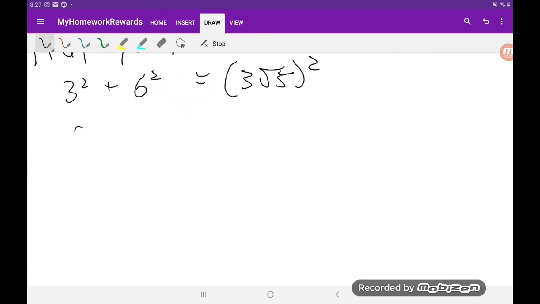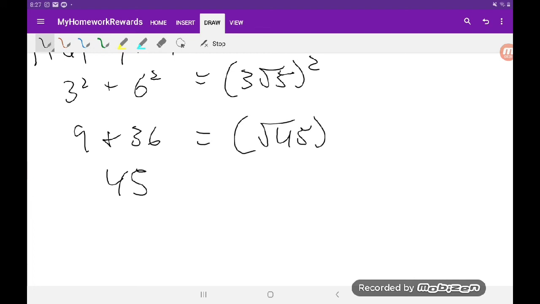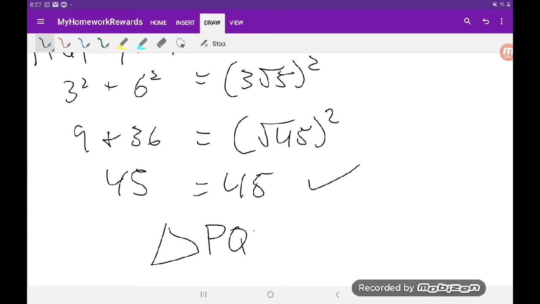So 3 squared is 9 plus 36, so this ends up being 45. And if you recall, the 3 root 5 was originally the square root of 45. So if we square that, we end up with a 45. So this is true, meaning that the triangle PQR is a right triangle.